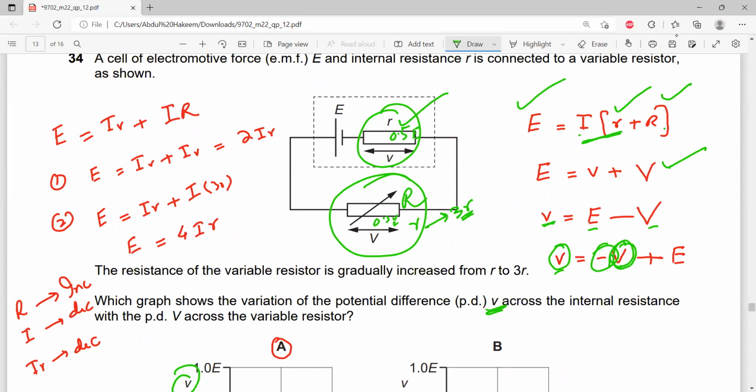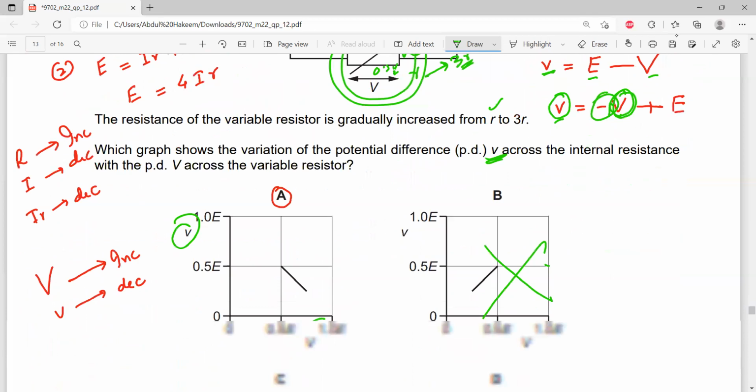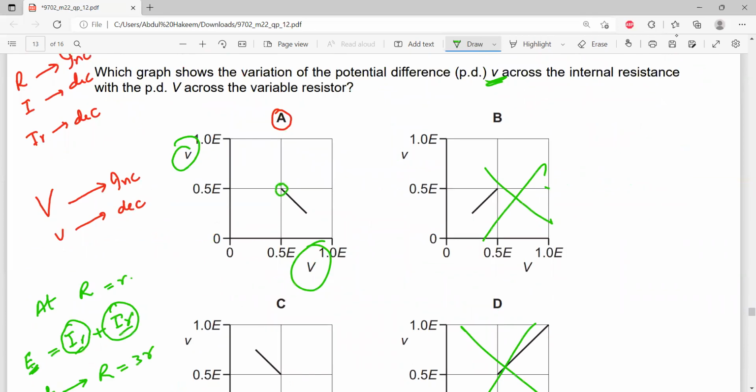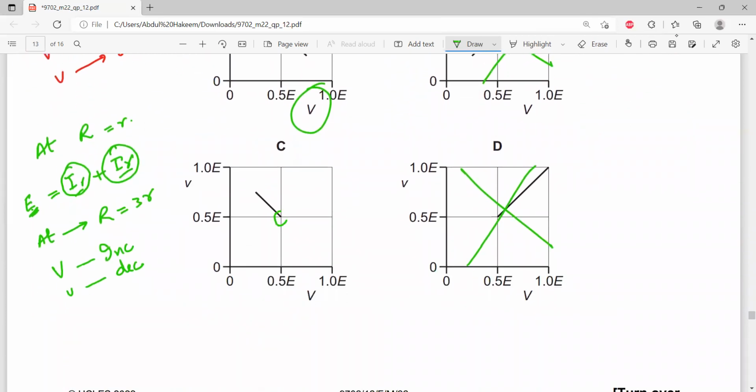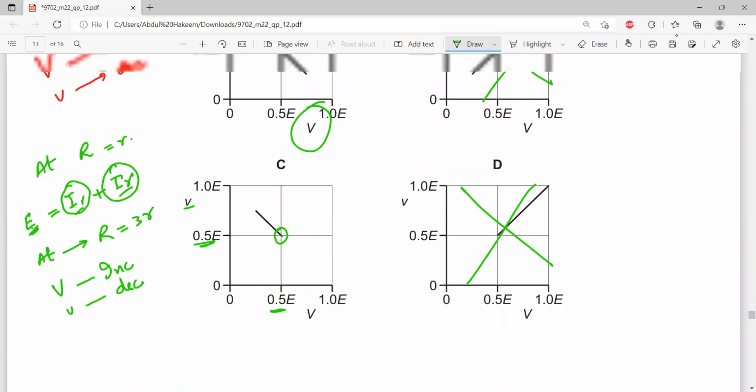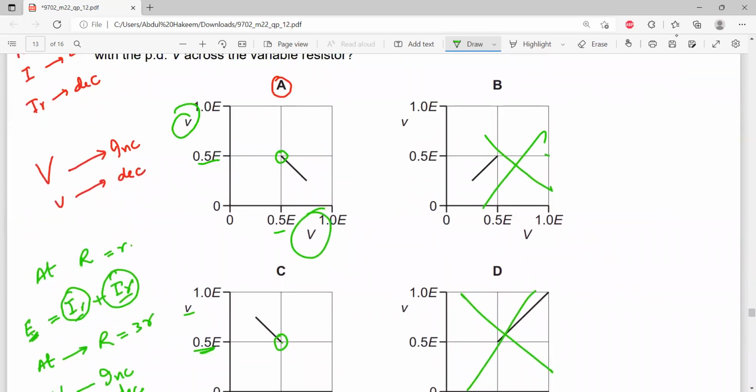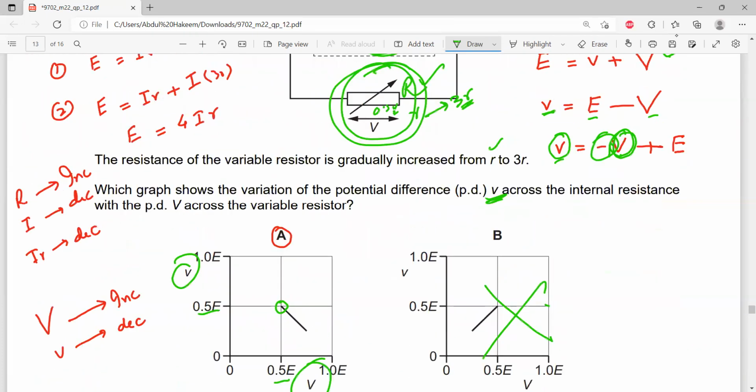When the external resistance is equal to small r, both resistances have the same potential, which is half of the EMF. So definitely this is the point. Small v is half of EMF, and large V is half of the EMF. Similarly here.